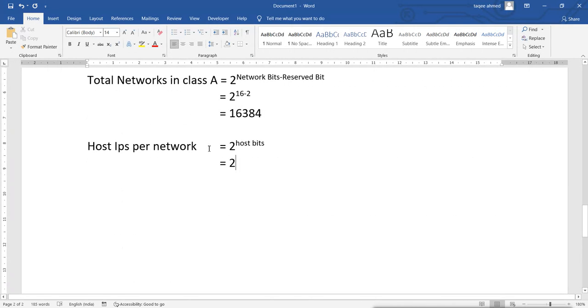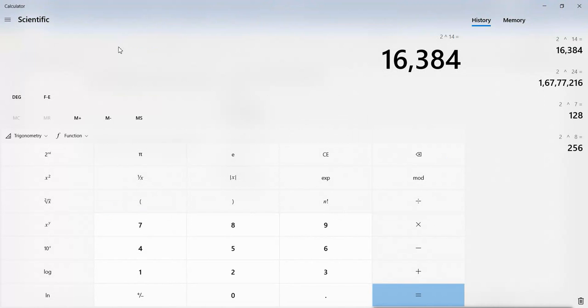We get 2 raised to 16, which is 65,536. You can use a calculator also.